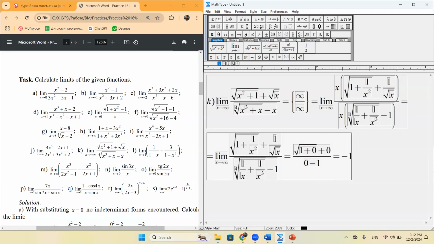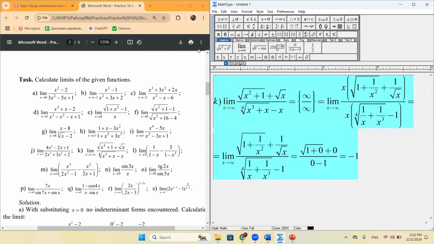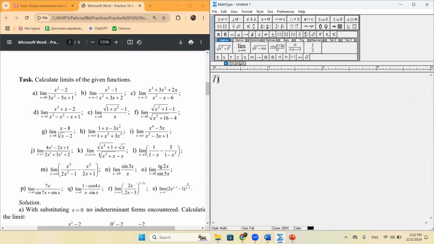So now moving to the next exercise, exercise L. So the following limit. x approaches 1 and the limit is the following: 1 by 1 minus x minus 3 divided by 1 minus x in power of 3.